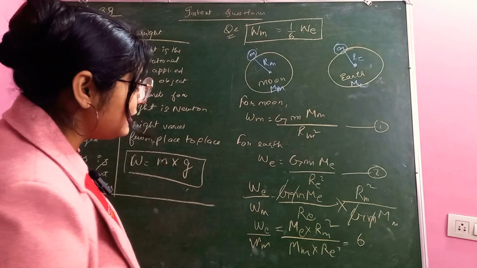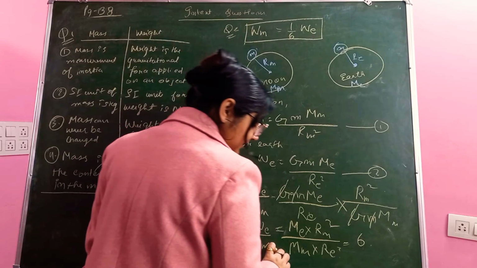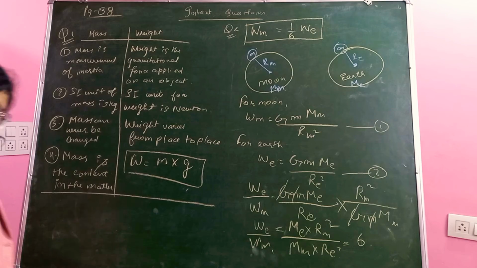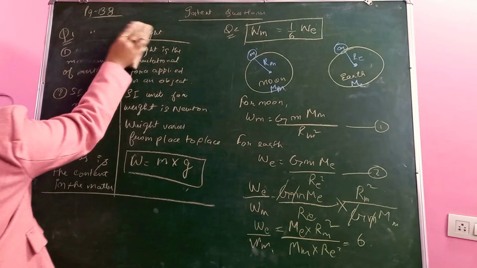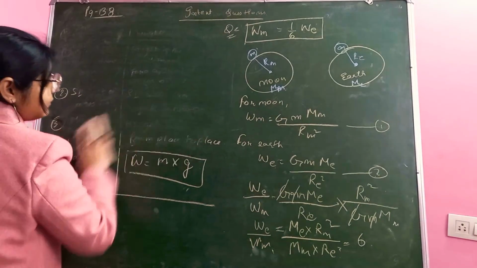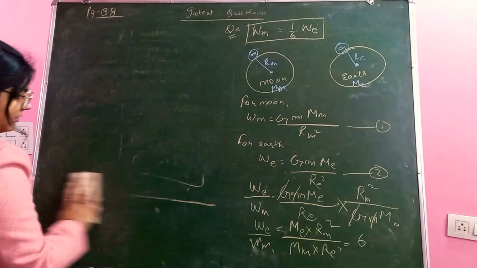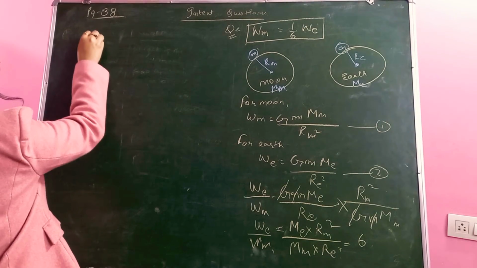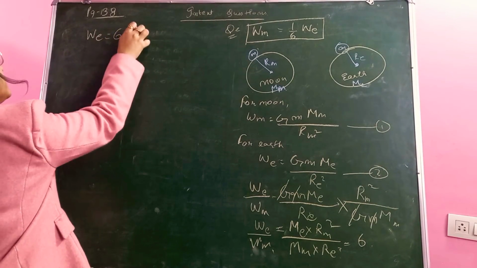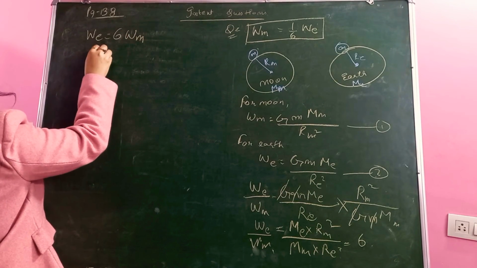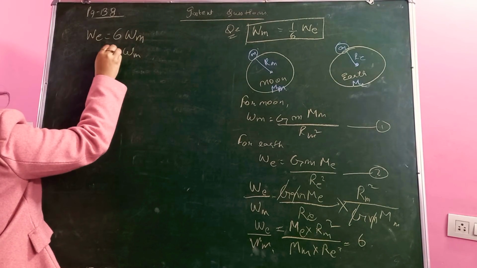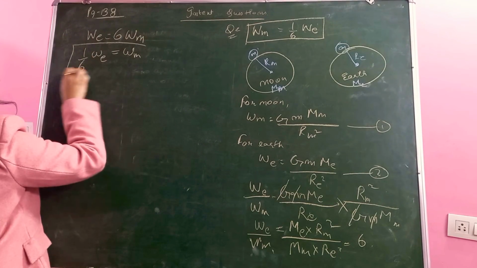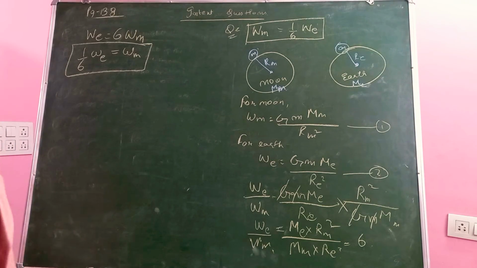Now when you get the value 6, if you take this W_m on that side, it will be W_e is equal to 6 times W_m. And if you take this 6 here, then W_m will be equal to 1 by 6 times weight of object on Earth. Now hence proved. No statement required.